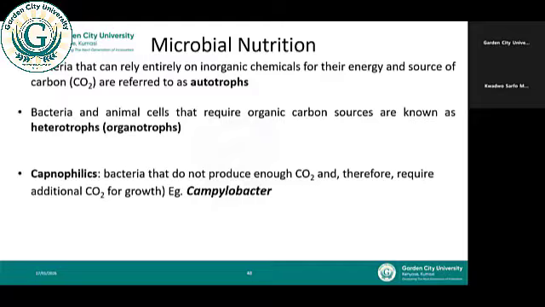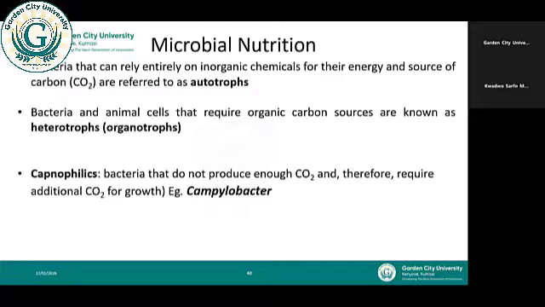Then we have those that require a high amount of carbon dioxide, unlike the others, before they can grow. So if you are culturing such organisms, you need to produce extra carbon dioxide. You can take out the oxygen by putting a flaming candle in the incubator to take some of the oxygen out, and then you have carbon dioxide produced.